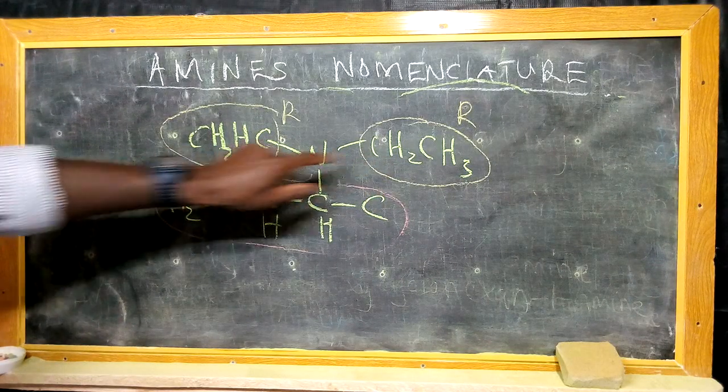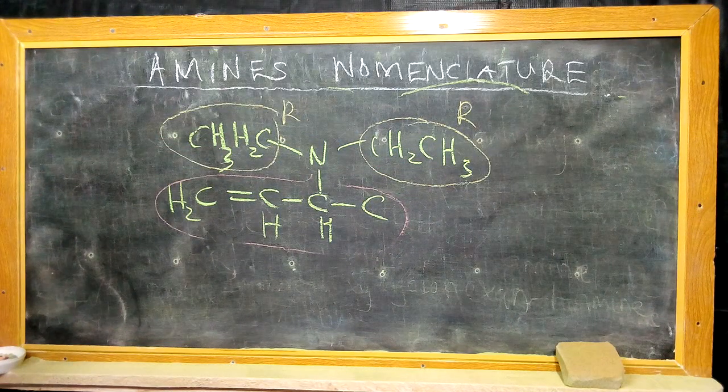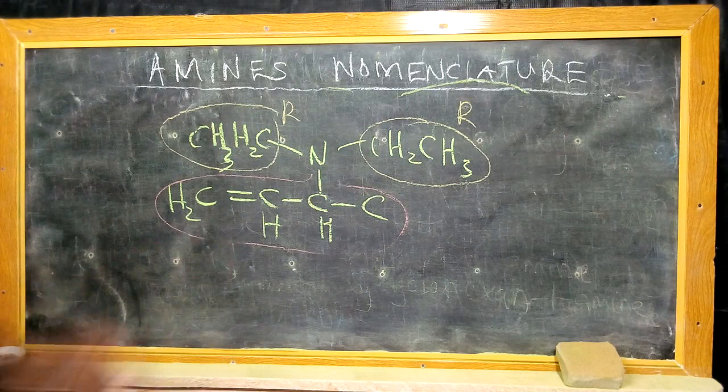For substituents of this particular kind, these are the same ethyl. So we shall have diethyl in the name of that particular compound, and then we shall have to indicate the position of this double bond. So let's try to figure it out.